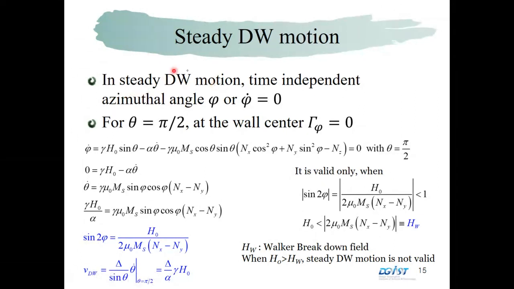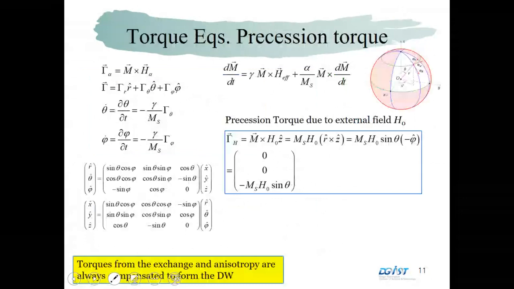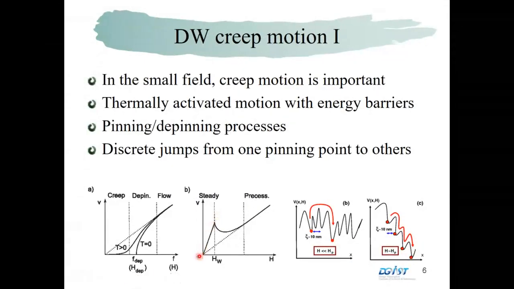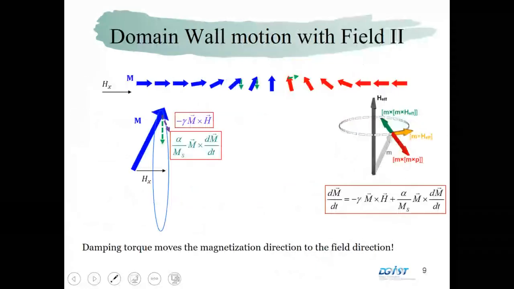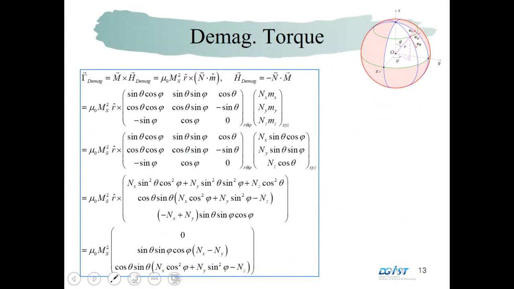In a steady domain motion, as we already mentioned several times, for the domain motion we have two regimes. One is called the steady regime, the other one is the precession regime. We already explained the creep regime, but in the creep regime we consider a lot of defects. But in this domain dynamics model, we simply ignore that kind of defect.